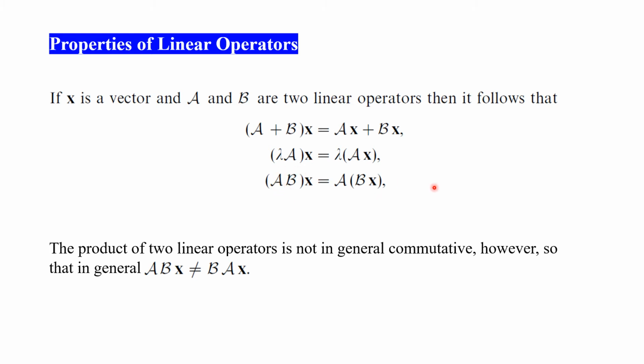So this is associative. But in general, the product of two linear operators is not commutative. So you cannot change A and B in any way you like. That means your ABx is not equal to your BAx. But it is associative, as you can see here.